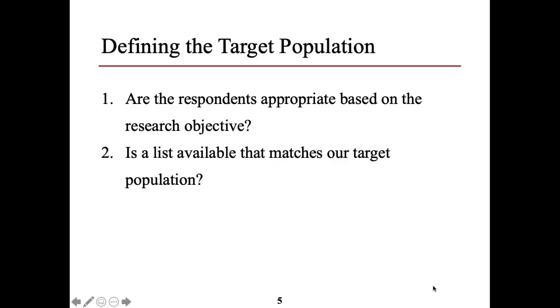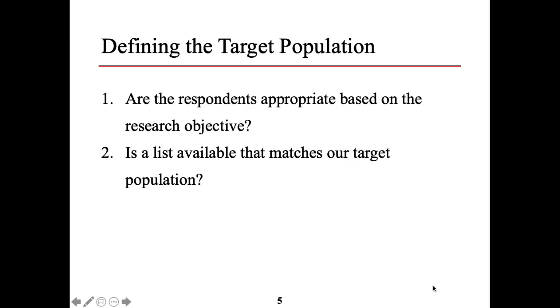Another question: is a list available that matches our target population? We'll talk in the next part of this chapter about lists that may be available, but sometimes you may already have generated lists based off of your CRM software, based off of predefined customer data that you've been able to collect.